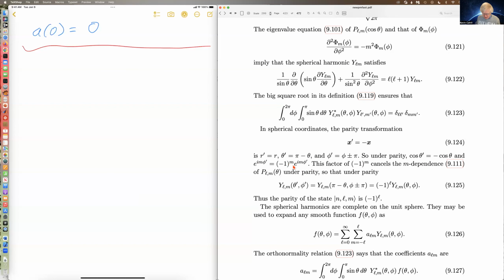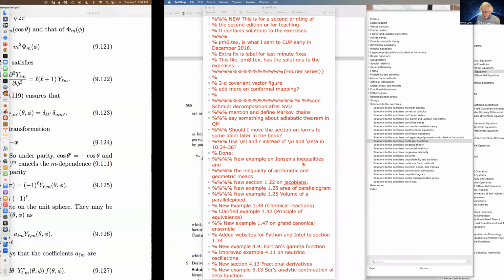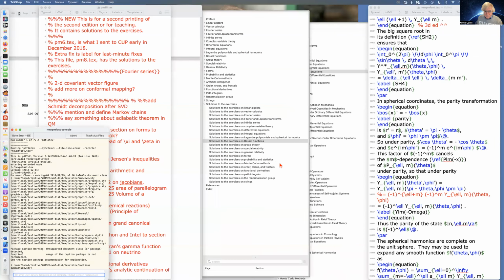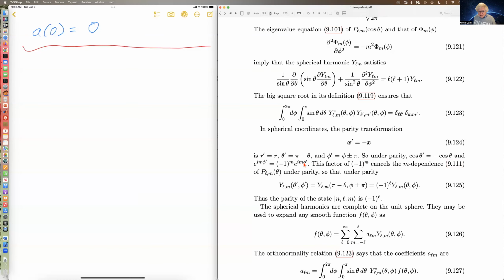Oh, there's a mistake here. Let me just fix this. This is obviously e to the im phi. So there's a -1 to the m from phi, because when you add or subtract pi to phi, you get e to the i pi, which is plus or minus 1. e to the i pi is -1.